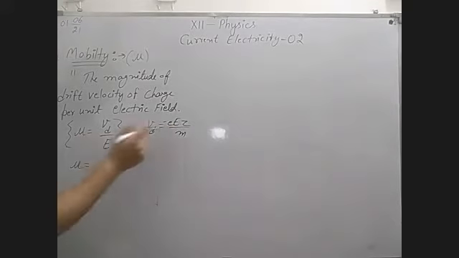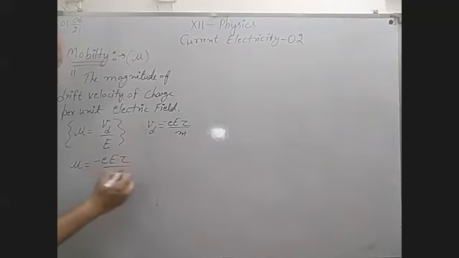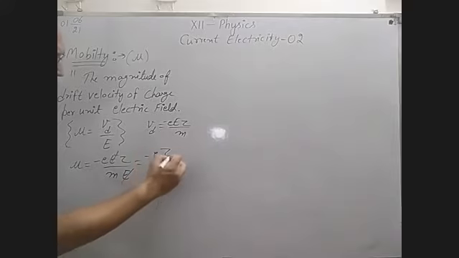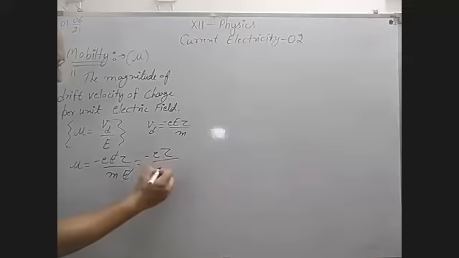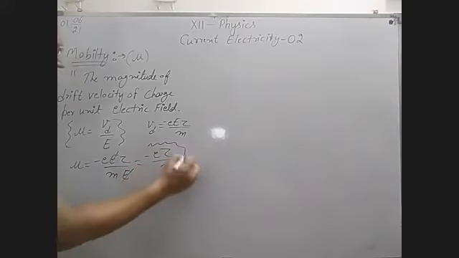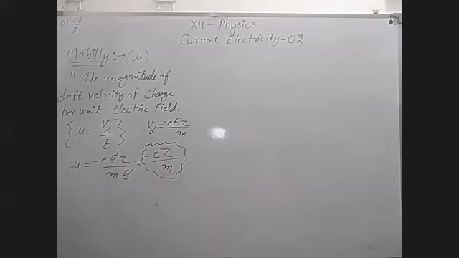You can put here the value -eEτ/m, and here E is there. Now E and E cancel, and the left thing is eτ/m. Now this is the formula for mu, the mobility of charge carrier (electron), in terms of relaxation time. Okay, this is the basic formula in terms of relaxation time.